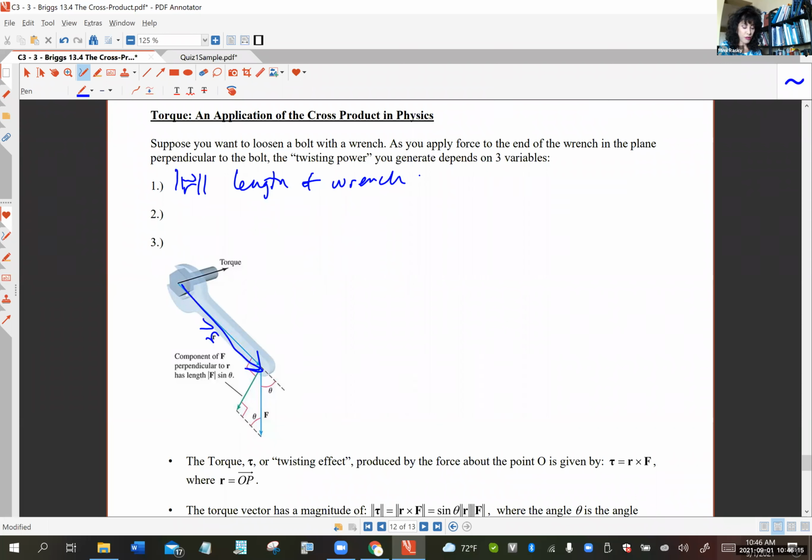The magnitude of the force you're applying. And one other thing, theta, the angle that the force makes with the wrench. And here's a little diagram for you.